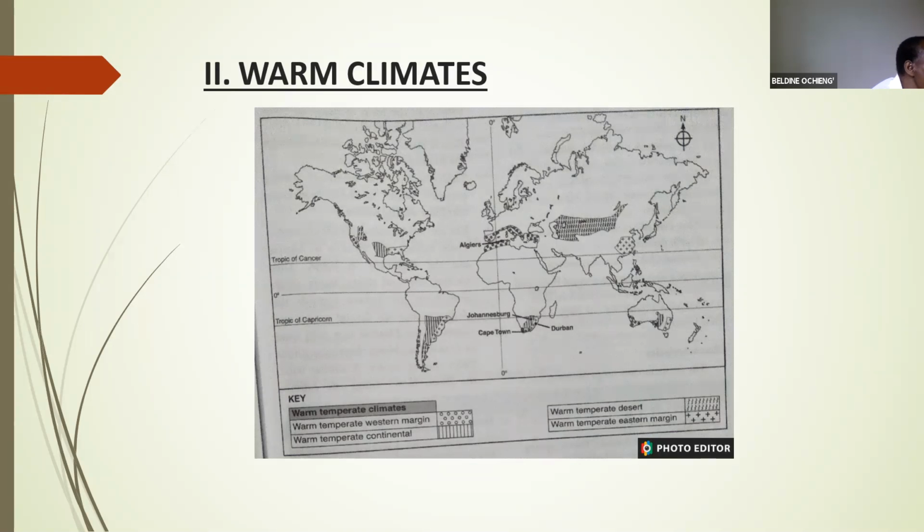Eastern parts now. Eastern part of South America, I can see it there. And again, the southern part of North America, I can see it there. So the locations are very, very important. We move on.